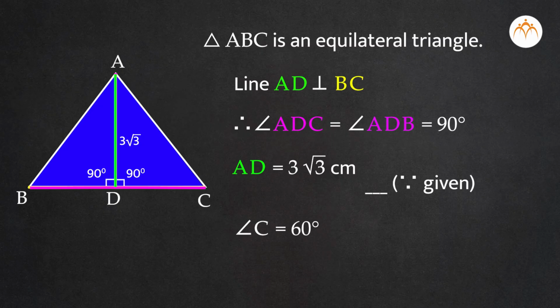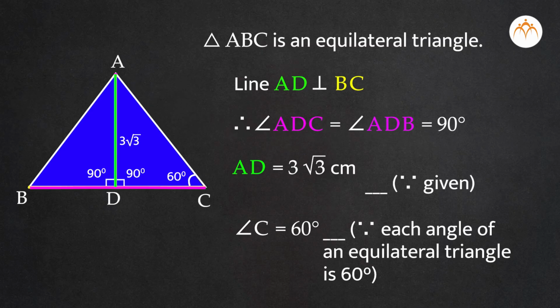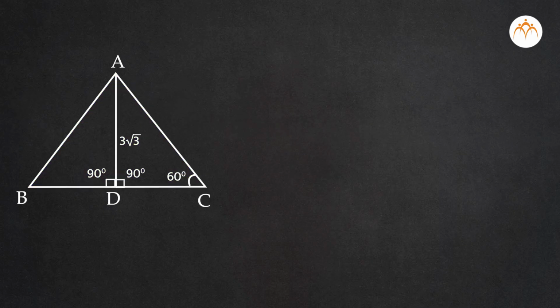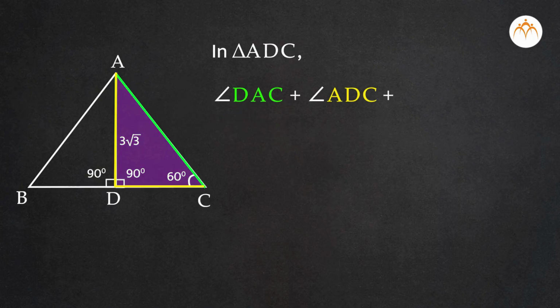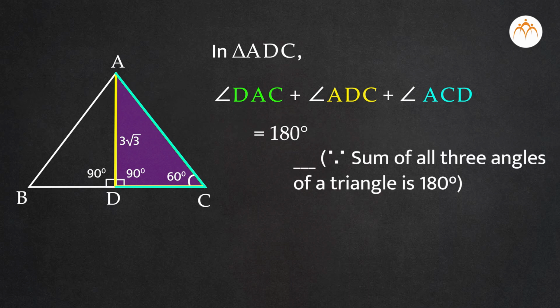Angle C is equal to 60 degree because each angle of an equilateral triangle is 60 degree. In triangle ADC, angle DAC plus angle ADC plus angle ACD is equal to 180 degree because sum of all three angles of a triangle is 180 degree.